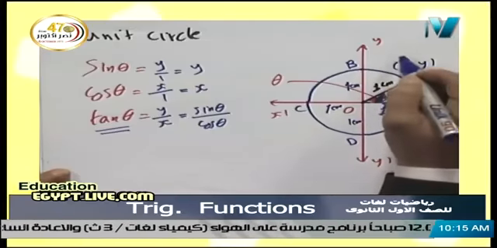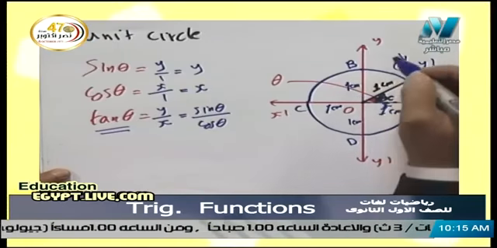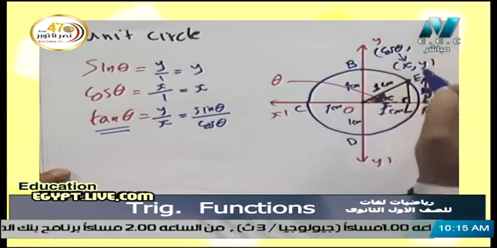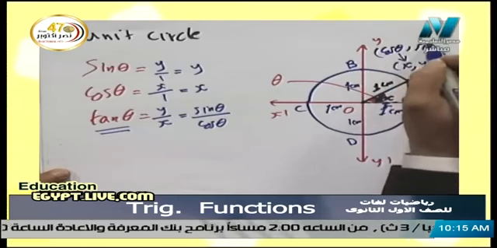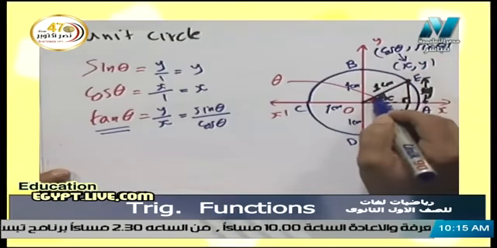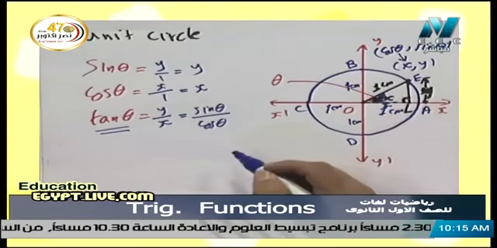So all the time on the unit circle, x is cosine theta and y is sine theta. What is theta? Theta is the angle EOA.